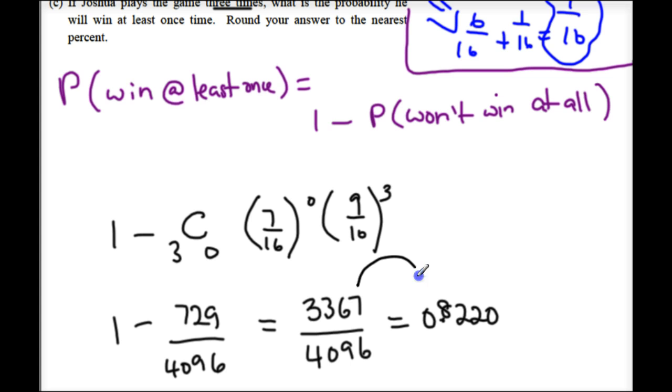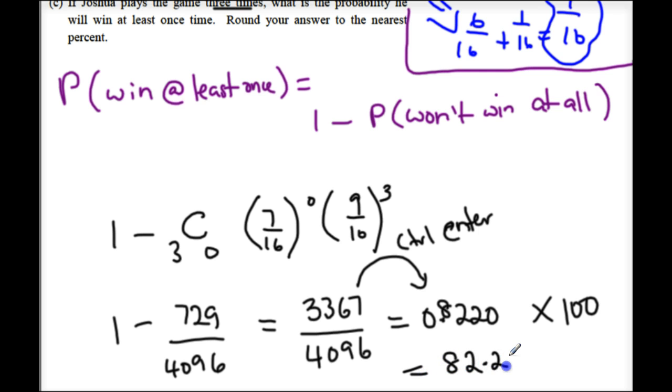From here to here you press Control Enter to get the decimal, but it wants your answer in percent, so I need to multiply it by 100. This will give me 82.20, and they want the nearest whole number, which is approximately 82%.